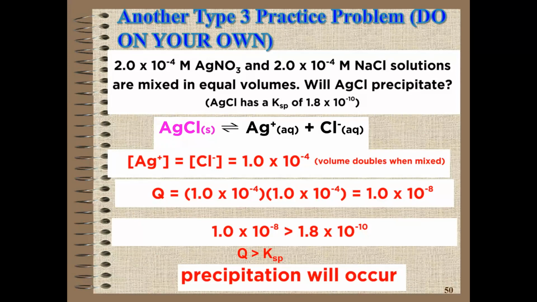So what do we have here? Well, remember this concept of Q, which is a non-equilibrium situation. And we're going to compare Q with K. Here we have these two solutions. Here's our equilibrium. Here's our equation showing the ions dissolve.